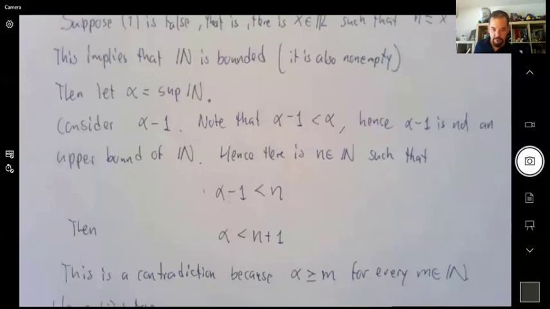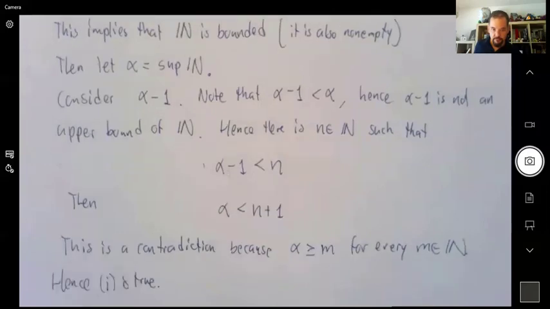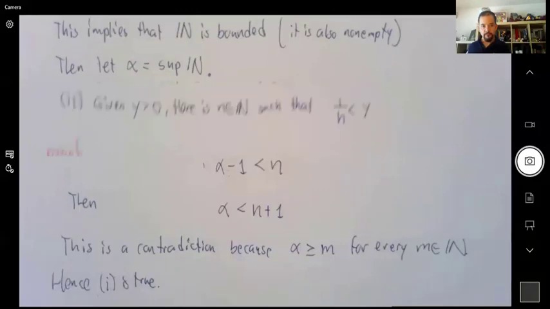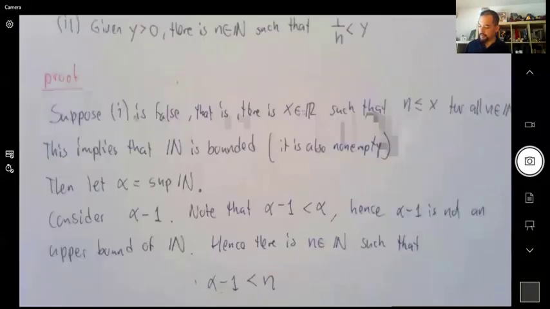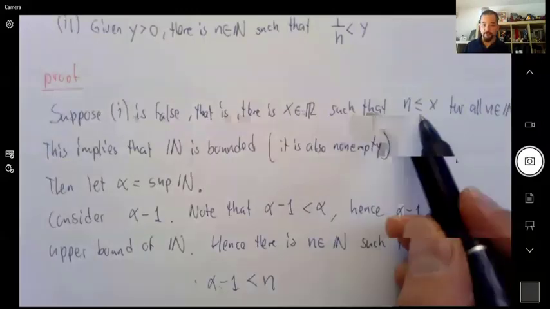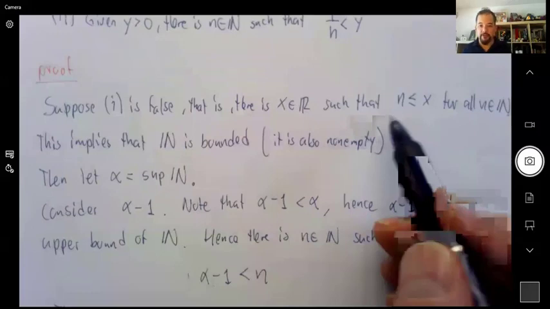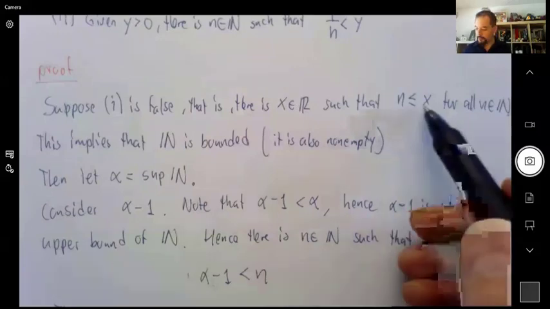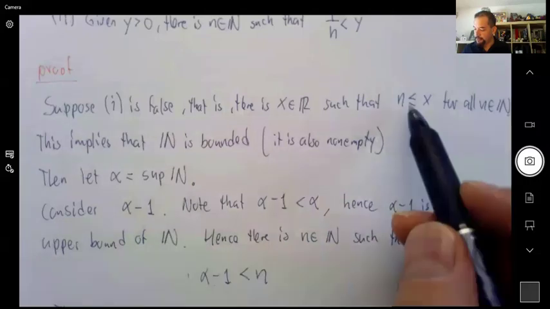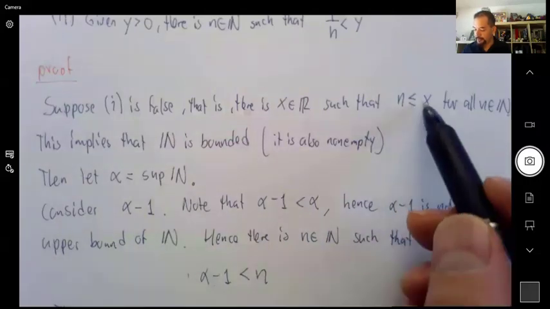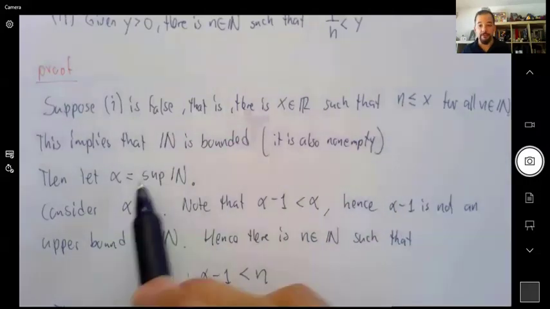Is that because we stated in our initial assumption that there is an x in the real numbers such that little n is less than or equal to x? Yes, exactly. Because this makes the natural numbers bounded, and once they are bounded, we can talk about the supremum. If the natural numbers are not bounded, then you cannot define the supremum, right?